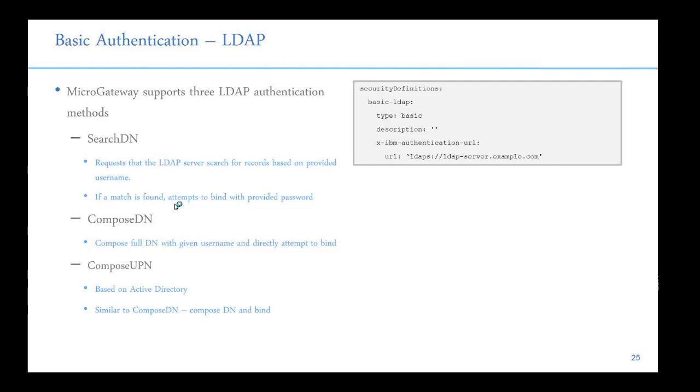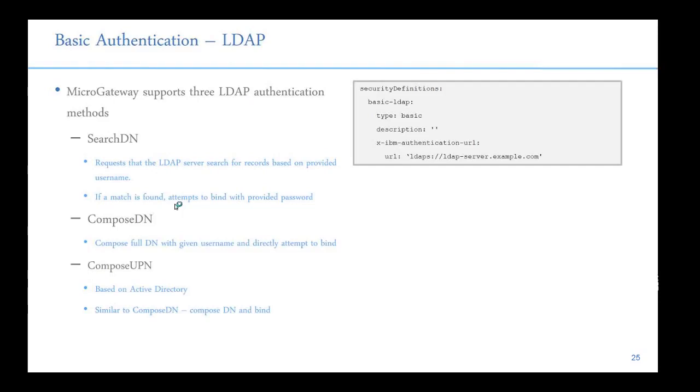There are several ways of interacting with the backend LDAP server, which we call search DN, compose DN, or compose UPN. Search DN is for when you're provided with the username, but you don't necessarily know all of the parts of the distinguished name. You can request that the LDAP server search through the records and provide you with the records that match. Then if a match is found, you attempt to bind to the LDAP server with that distinguished name and the provided password.